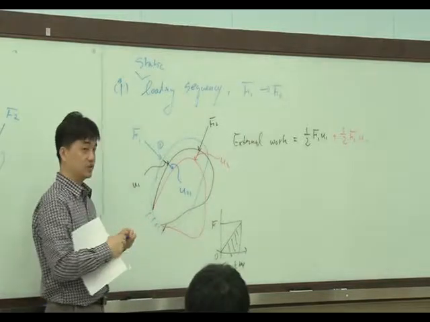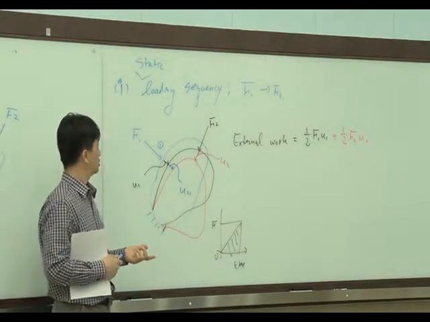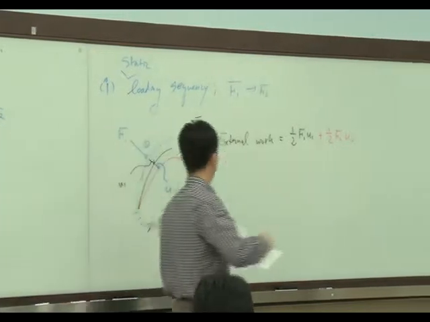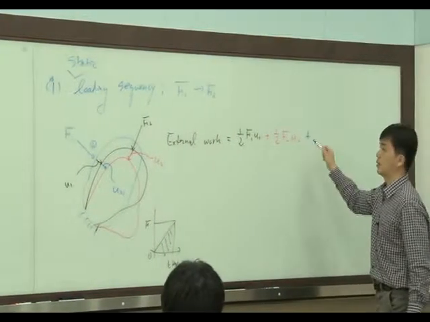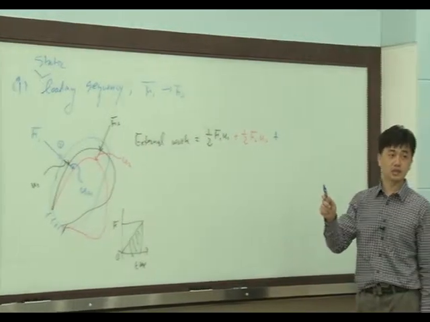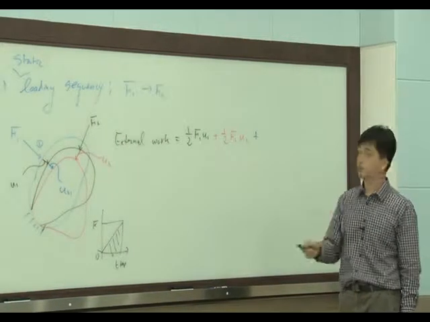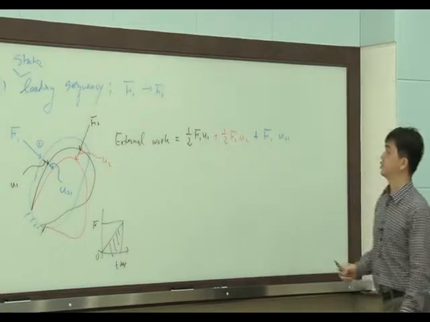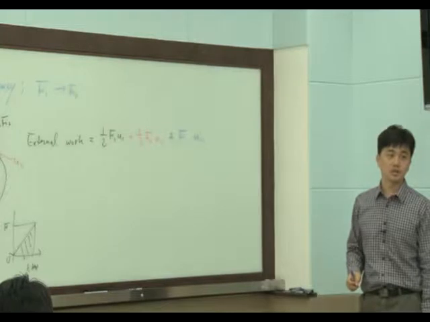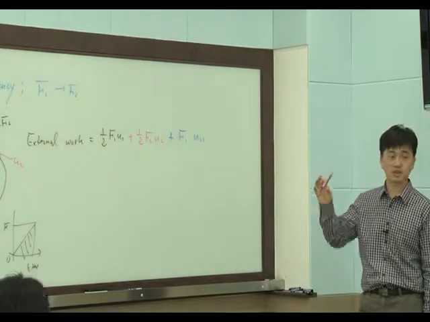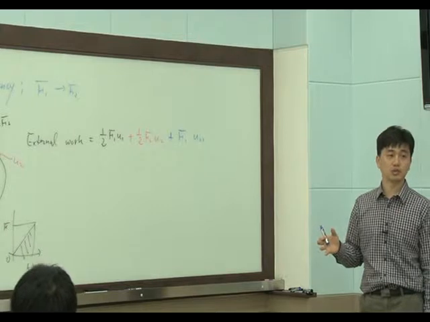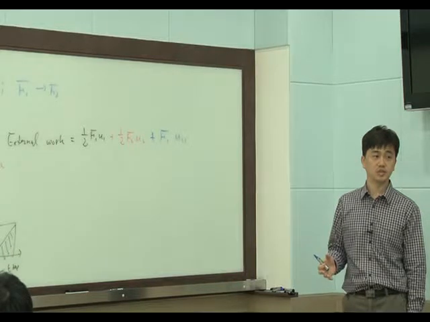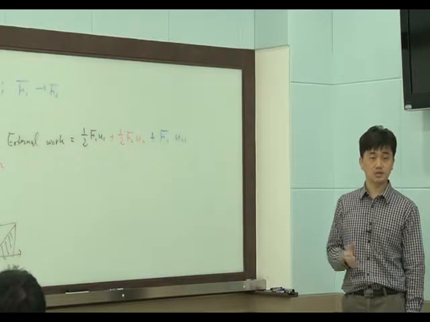So during the second loading, F1 will work also, but F1 is constant during the second loading. So F1 U21. This is a total external work applied to this structure, and all of this work will be stored in the structural system, right? Is it right?